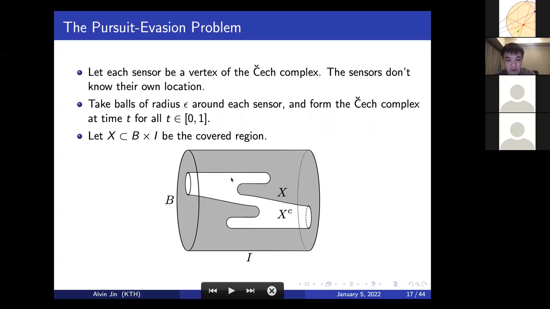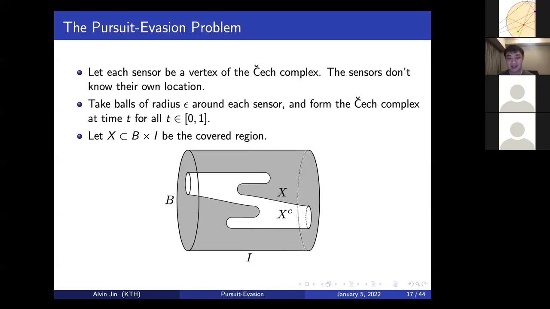Basically, this shaded region X is what the guards see. The cops will be able to see every point in the shaded region at all times, as t goes from 0 to 1. And this unshaded part, which I call X complement, X^C, is the part that they don't see.